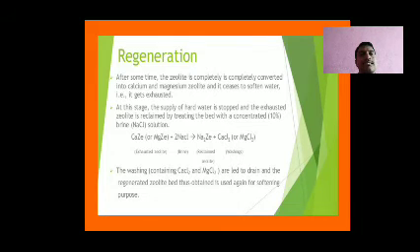At this stage, the supply of hard water is stopped and the exhausted zeolite is reclaimed by treating the bed with concentrated 10% NaCl solution.